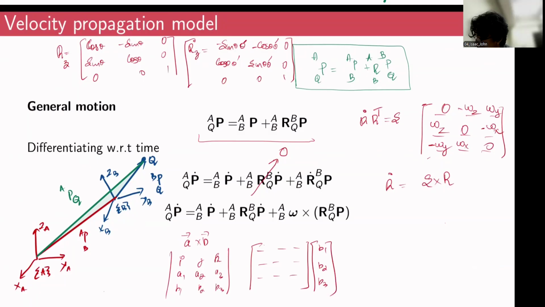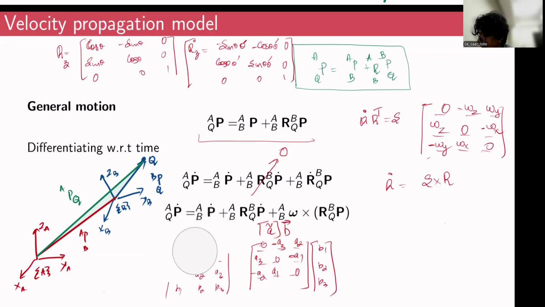And this skew symmetric matrix is nothing but 0, minus A3, A2; A3, 0, minus A1; minus A2, A1, 0. So you can also represent the cross product using a matrix and a vector representation. I'll call this skew symmetric matrix A tilde and this vector B. So A cross B and the skew symmetric matrix representation of A multiplied by B are essentially the same.